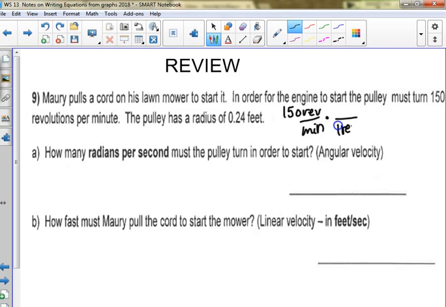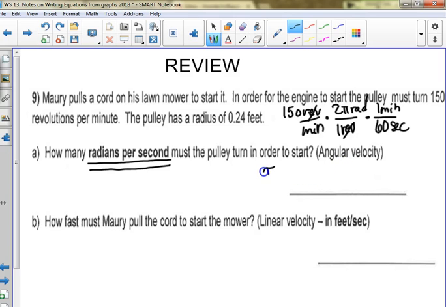So 1 revolution is 2 pi radians. Now I'm down to radians per minute, but they ask for an angular velocity in radians per second, so I still have to do 1 minute is 60 seconds.